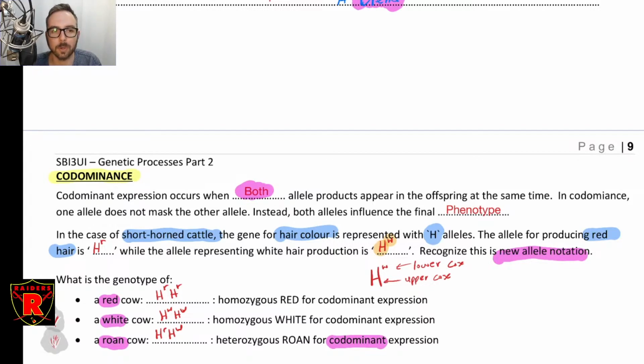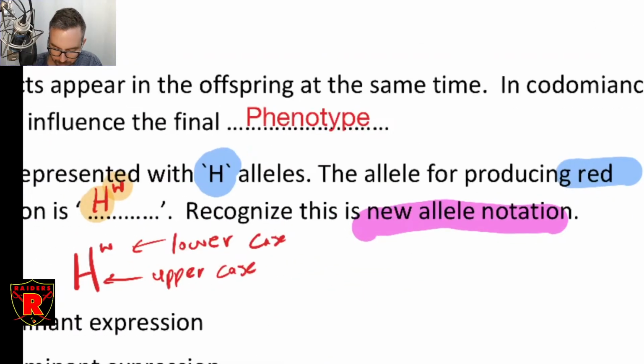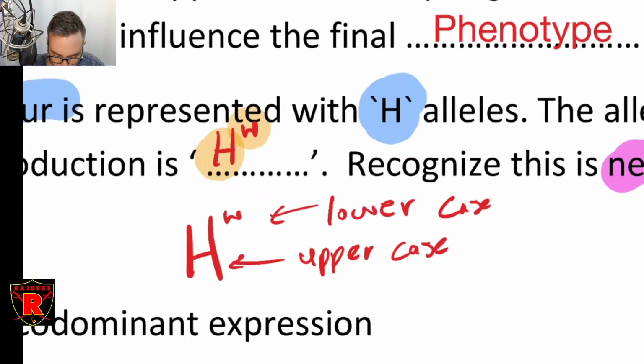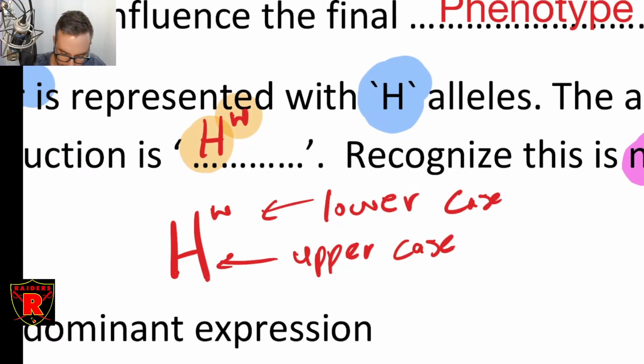So when you write this out, again, we need a slightly different notation. And that notation for codominance is, again, you use an uppercase letter for the base letter. That stays the same. But for the superscript, now you're going to use a lowercase superscript. Now I picked W's here, which is rather a bad one to choose because uppercase and lowercase W look different.